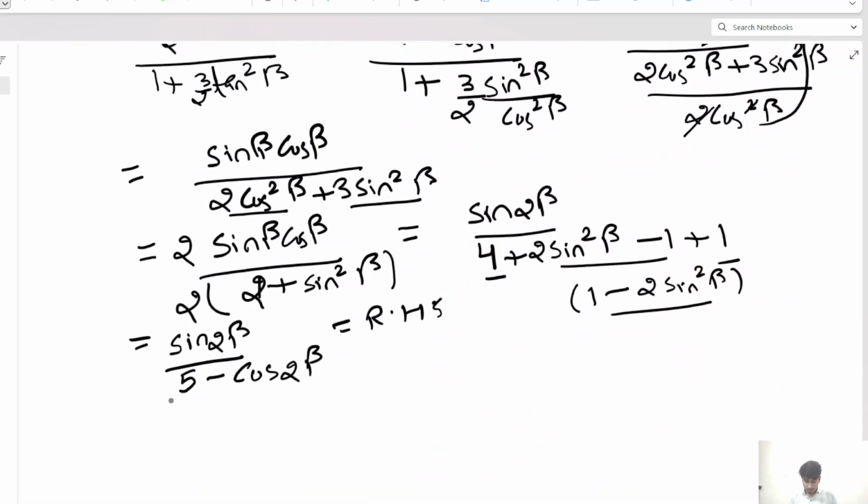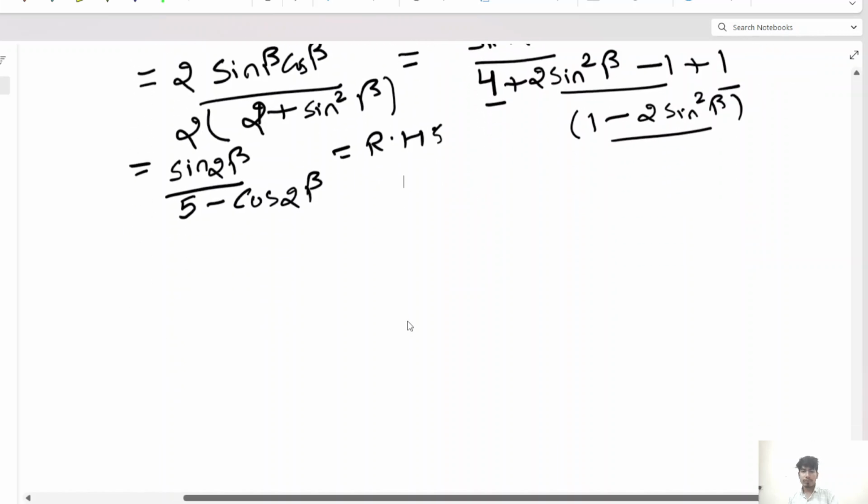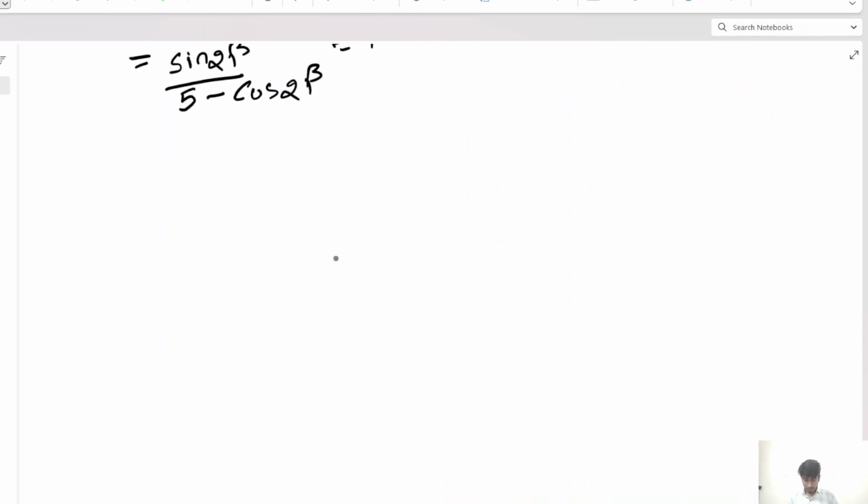So now we do another new question. The question is cos 54 degree cos 66 degree minus cos square 6 degree.